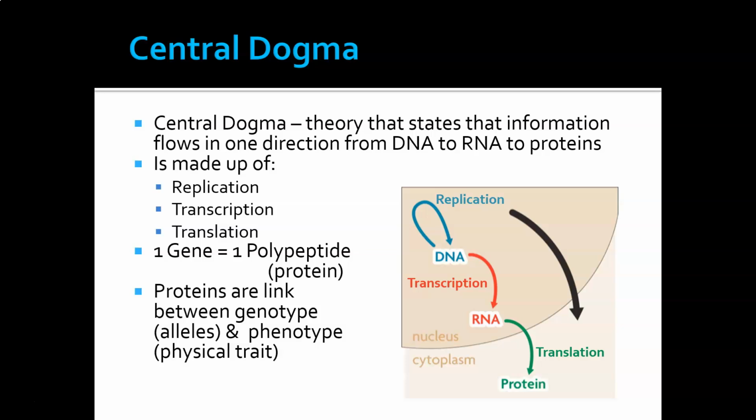If I'm talking about my heterozygote, the ones that have a capital and a lowercase, two different letters, then we're talking about being able to produce a dominant purple protein, but also a recessive white one. However, because that dominant is so strong, I'm looking at a purple flower anyway. I can't see the white protein even though it exists in my cells.